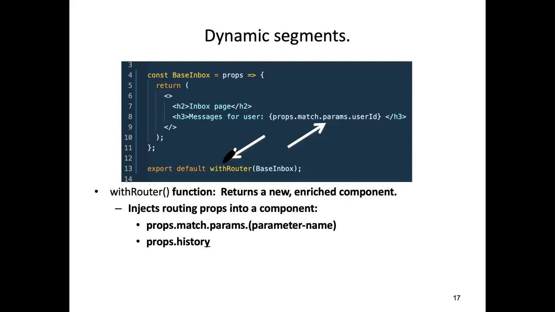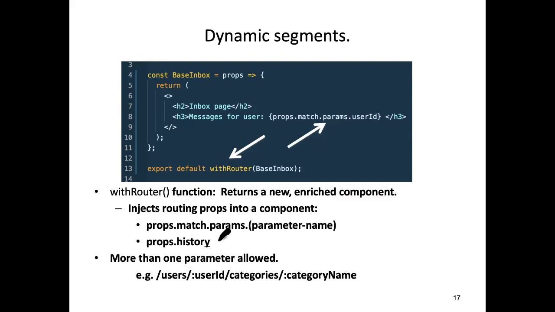In general, it's a technique where you can take one of your components and enrich it with some extra aspects. In this case, the enrichment comes in the form of extra props that are made available to us. So for example, the match prop and the history prop are two that are made available by the withRouter function.